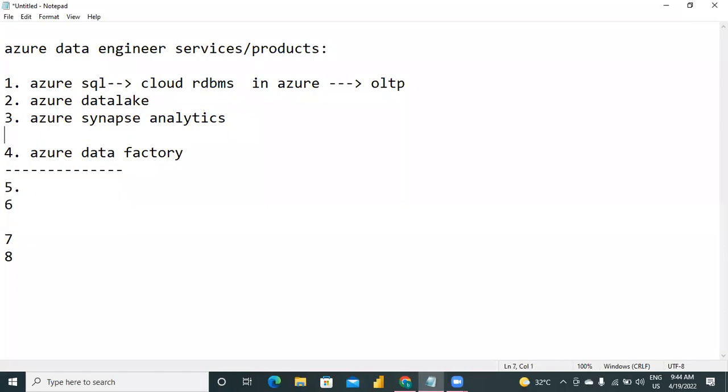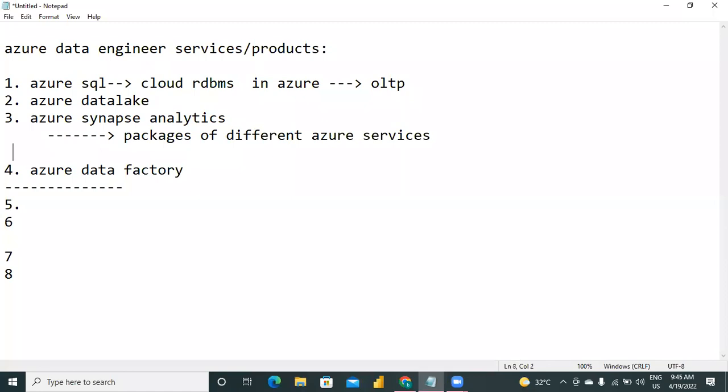For that, I have Azure Synapse Analytics. Actually, Azure Synapse Analytics is a package of different Azure services. The package includes Azure Data Lake Gen 2. If I take Synapse Analytics, there is no need to separately take Azure Data Lake Gen 2.